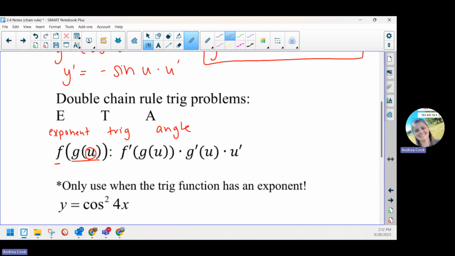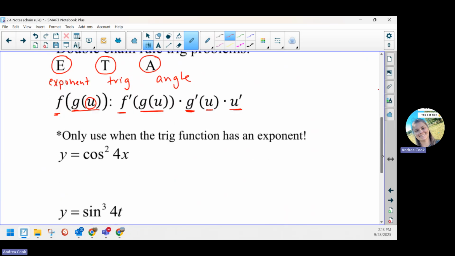So we have u, which is a function, inside g, which is also inside f. So you take the derivative of the outside function, you keep the inside function the same, times the derivative of the inside function, keep the inside function the same, and chain on the derivative of the innermost function. Or you can think of it as finding the derivative, first doing the exponent, then doing the trig, then doing the angle.